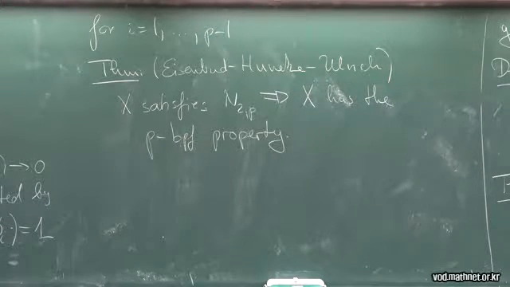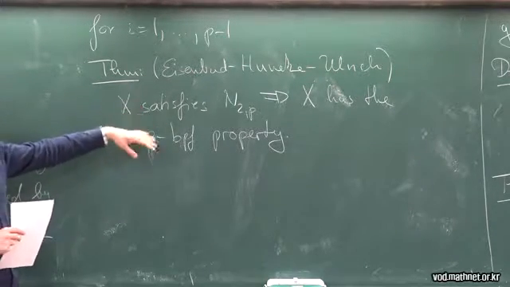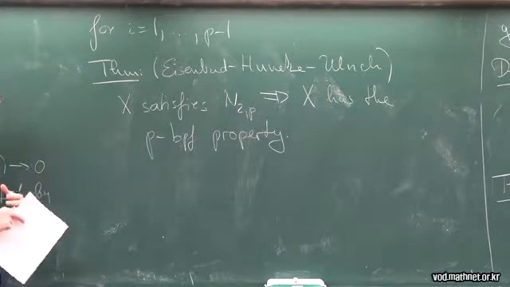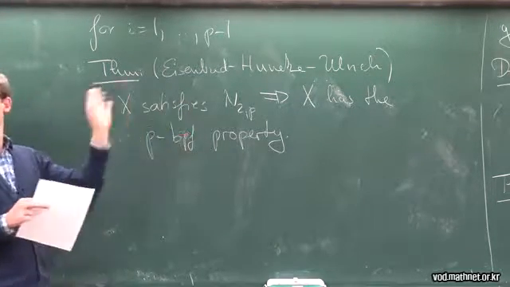And I know no easy proof of this result. So they prove this as a corollary in a paper where they study slightly different questions. And then this sort of falls out.